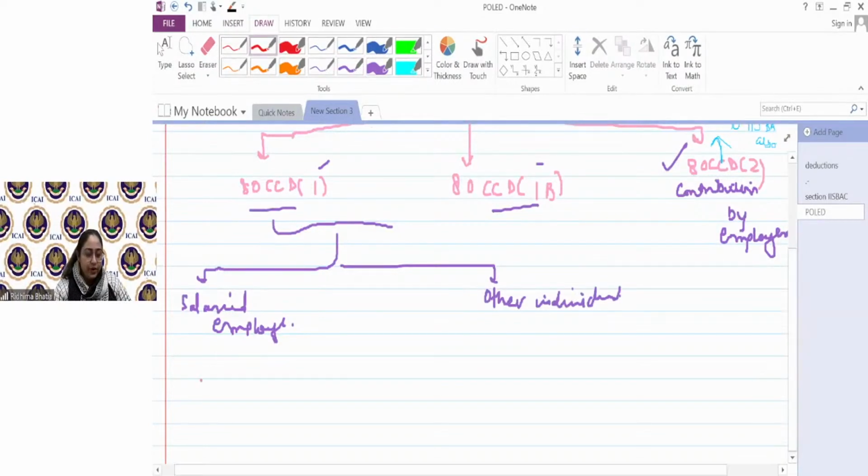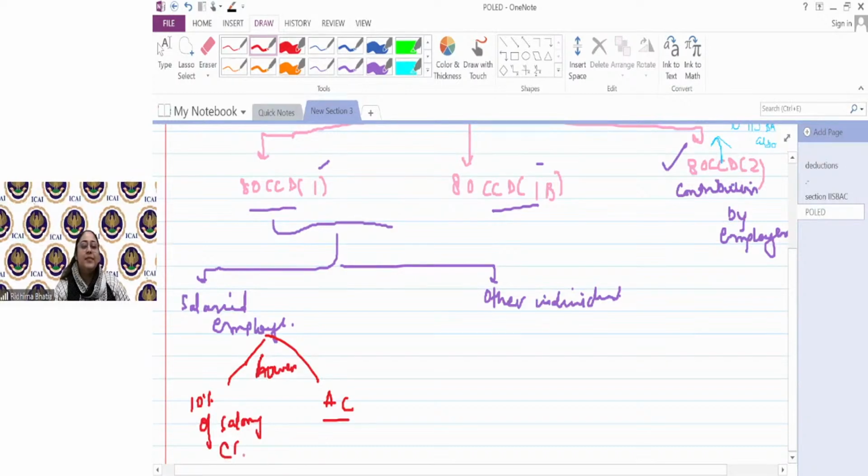For salaried employee, the deduction which would be allowed under 80CCD subsection 1 is either 10% of salary or actual contribution, whichever is lower. Whichever is lower. 10% of salary or actual contribution.